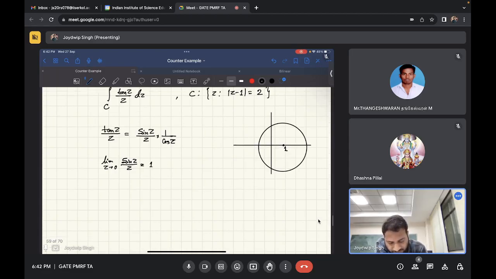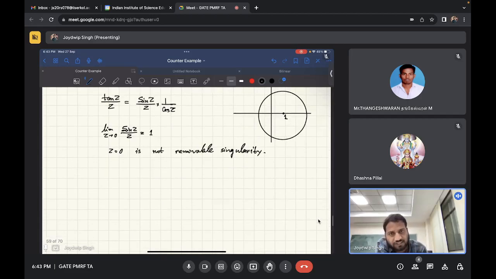So z equals 0 does not give us any pole type of singularity. Therefore all the singularities will come from the cos z, right?